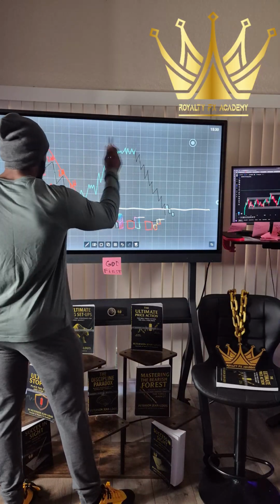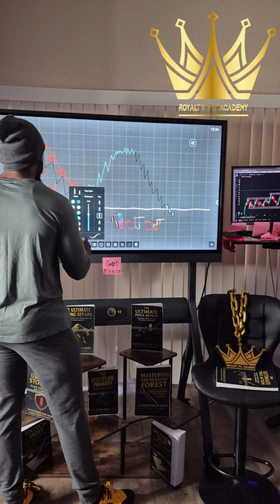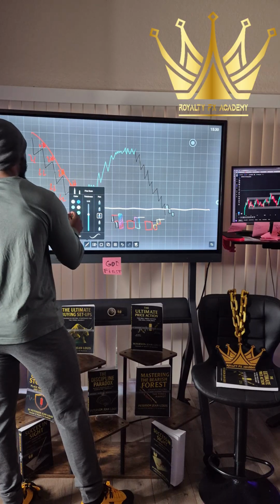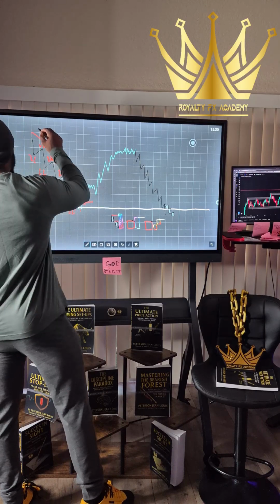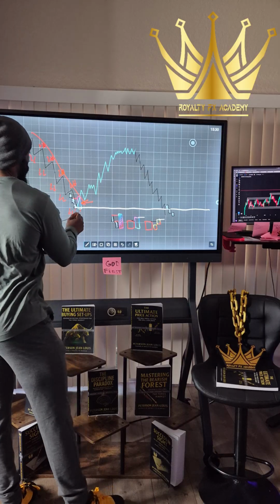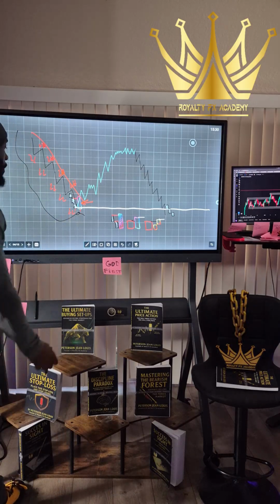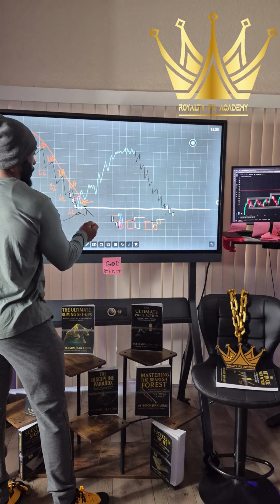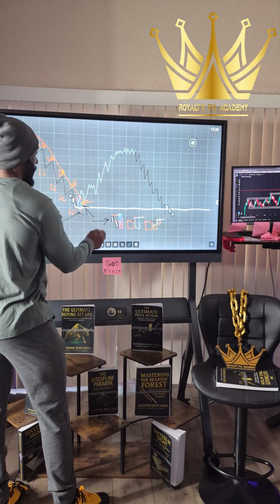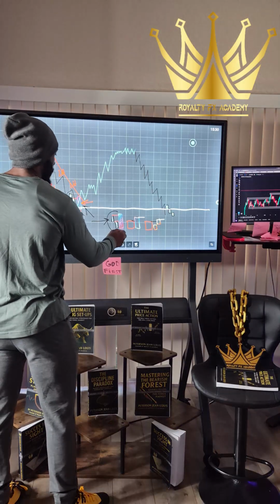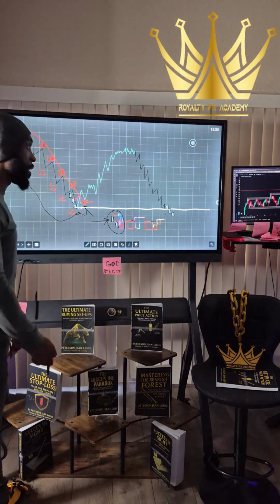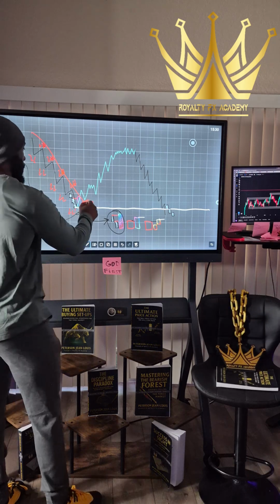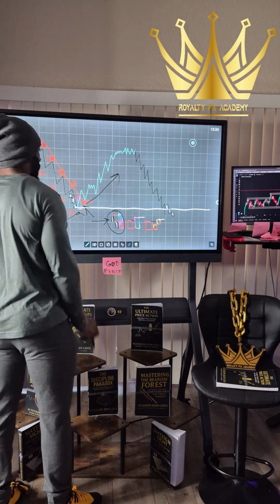Now, back to the double bottom, right? So we know the market itself sold, right? Boom. Stops here. Gives us a bullish engulfing. Okay. That engulfed the last two bearish candles and then bought up, right?